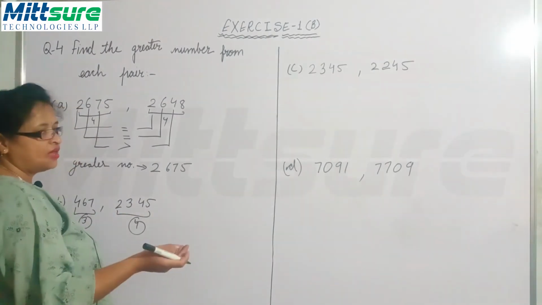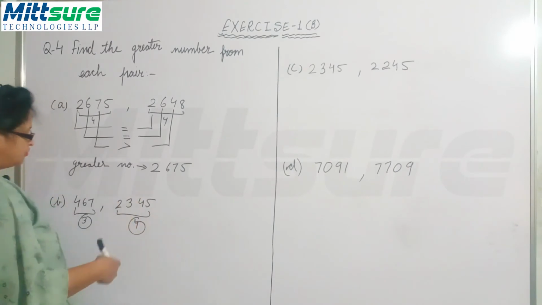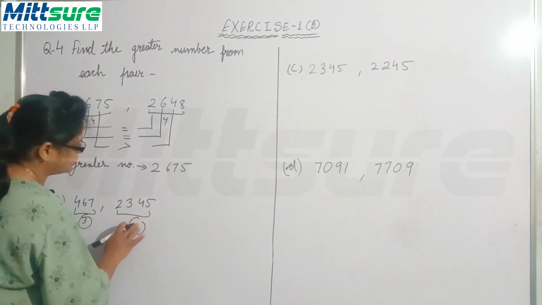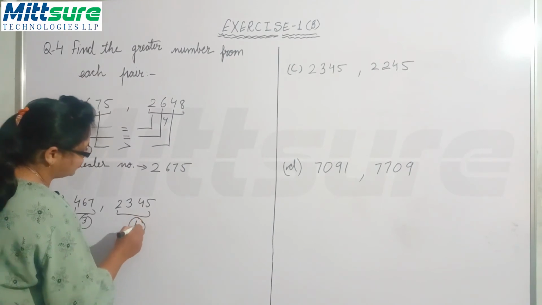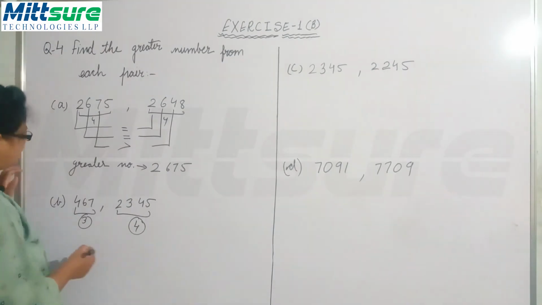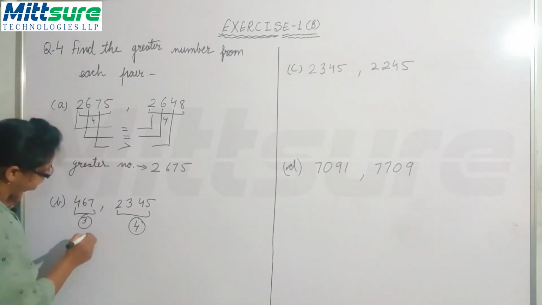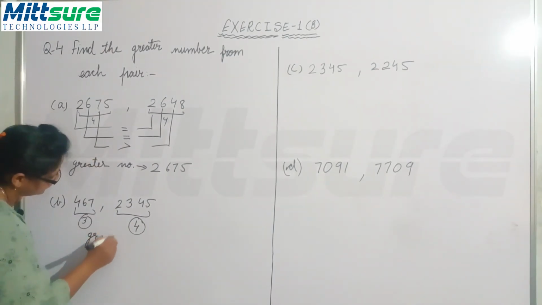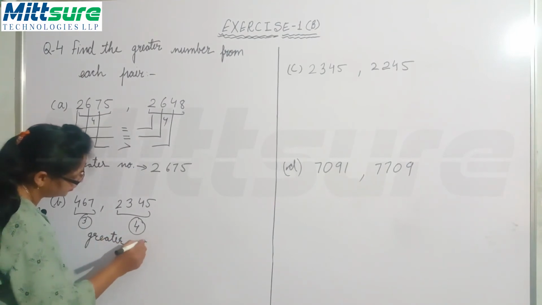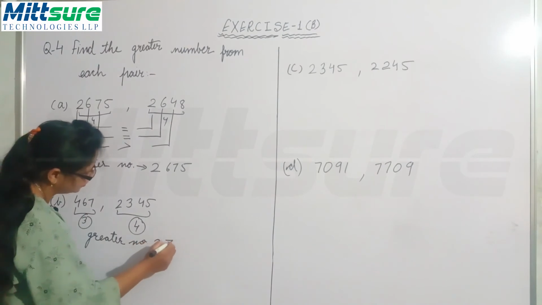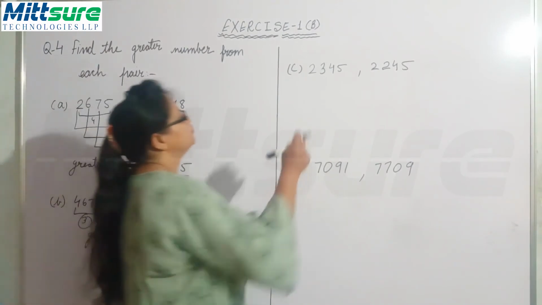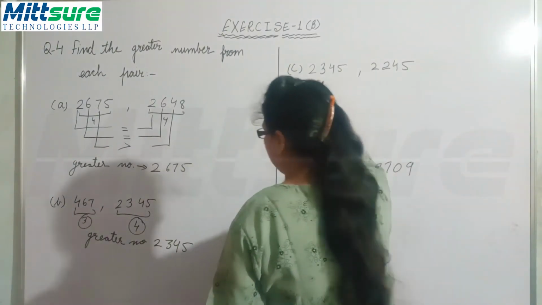So we can say that the number having more digits is the greater number. Now here the greater number is 2,345.